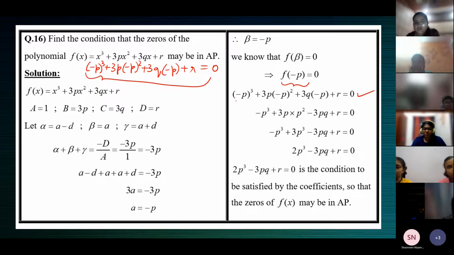So minus p the whole cubed is minus p cubed. Here minus p squared: minus p into minus p is p squared. Then 3p into p squared is 3p cubed.